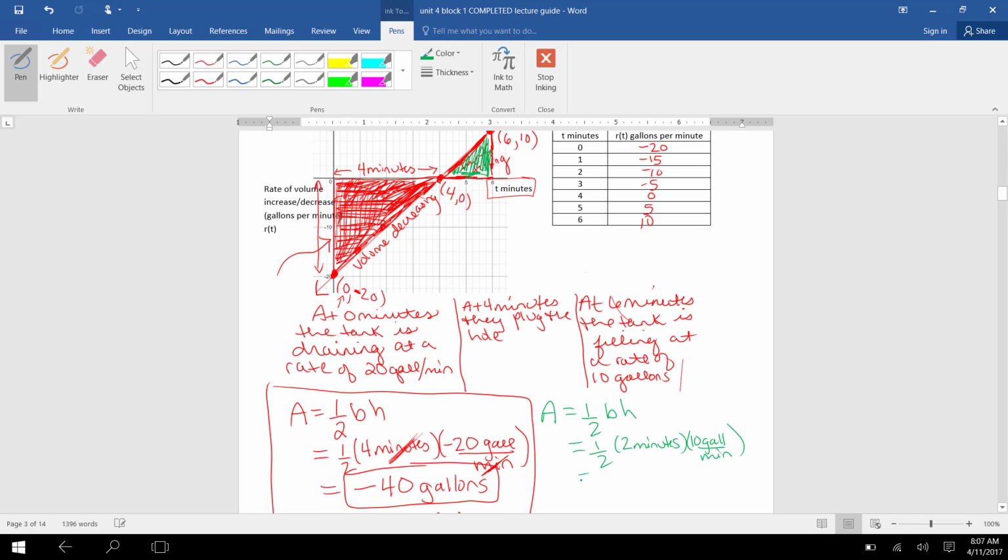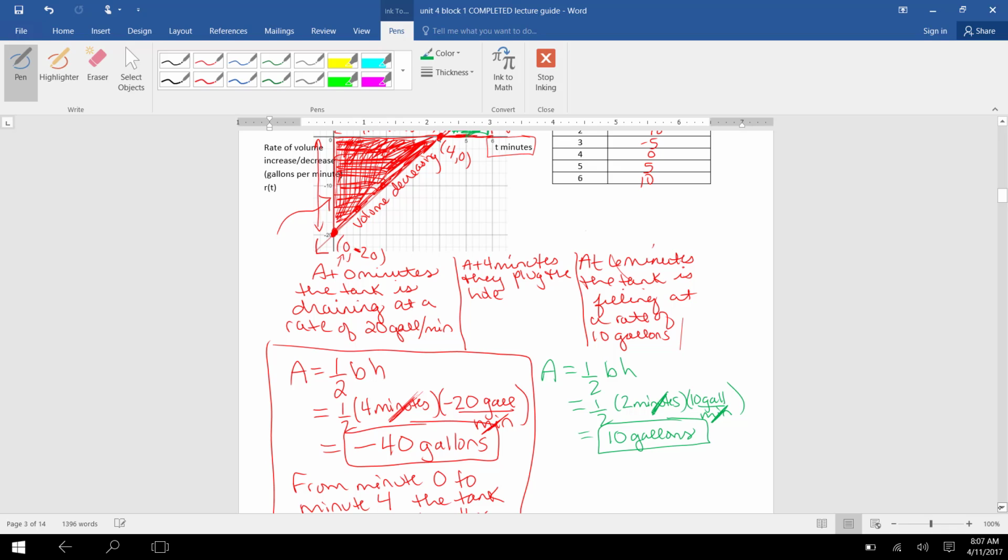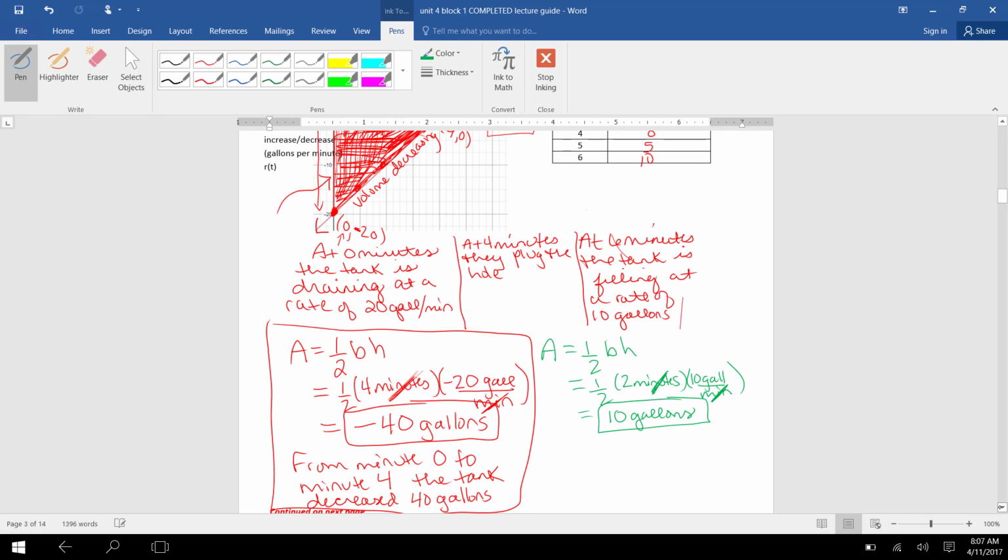Multiplying it out, 1/2 times 2 is 1, and 1 times 10 makes 10. The minute divided by minute cancels those minutes units out, and it's left in gallons. This time our answer came out positive, so our accumulated change is 10 gallons, meaning from minute 4 to minute 6, the tank gained 10 gallons total.